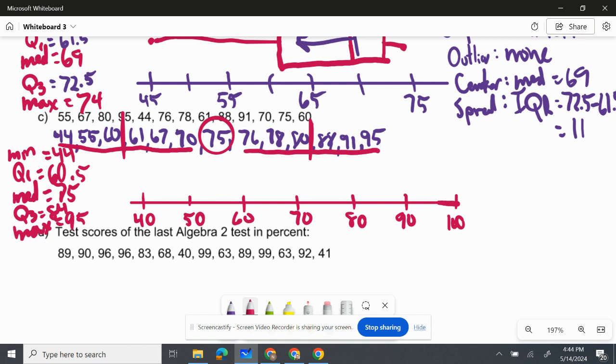I'm going to put a dot at 44. Then 60.5 is a line, 75 is a line, 84 is a line. And then we have a dot at 95.